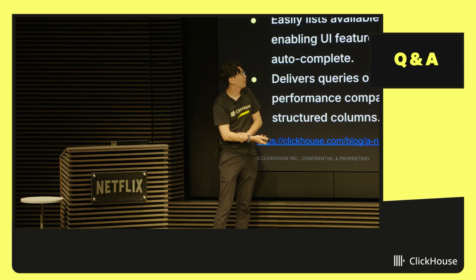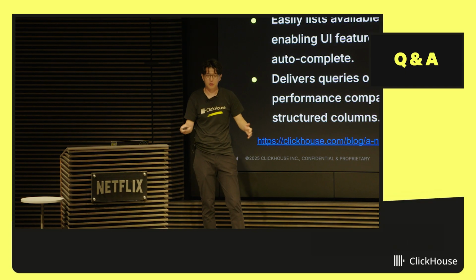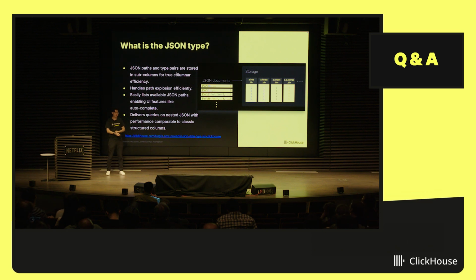So sorry, the question was, say you had a type that was really rare. So I'm assuming a path, that you have the same path, but two different types for that path. One of the types is a lot more rare than the other. How does JSON handle it? So in this case, we basically promote the most common path and type combinations effectively to the columns.